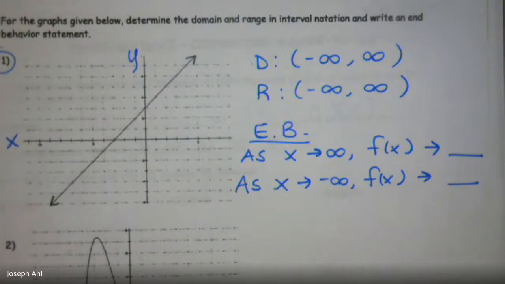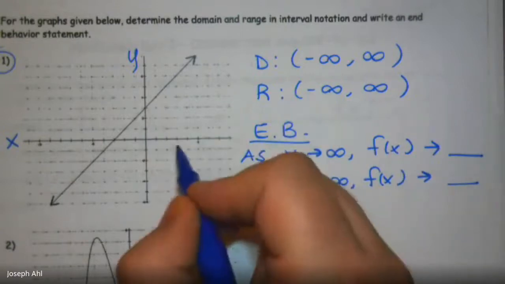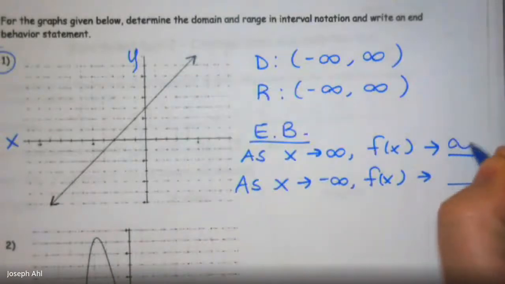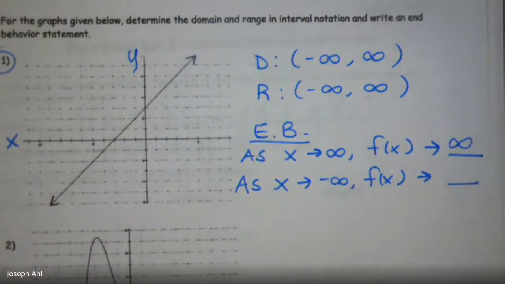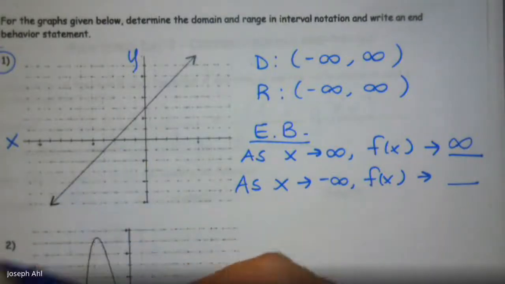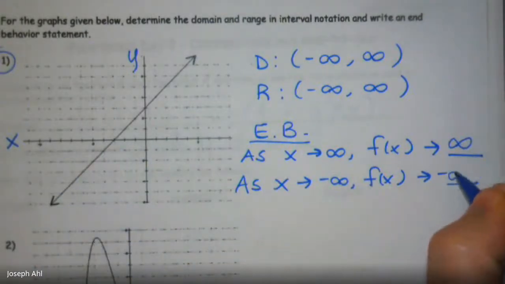If I ask you to identify the end behavior, I expect you to write down this information. What's happening as x goes to infinity? When we go to the right forever, the graph's headed up forever. So f of x goes to infinity. As we go to the left forever, the graph is headed down forever. So as x goes to negative infinity, f of x goes to negative infinity as well in this example.